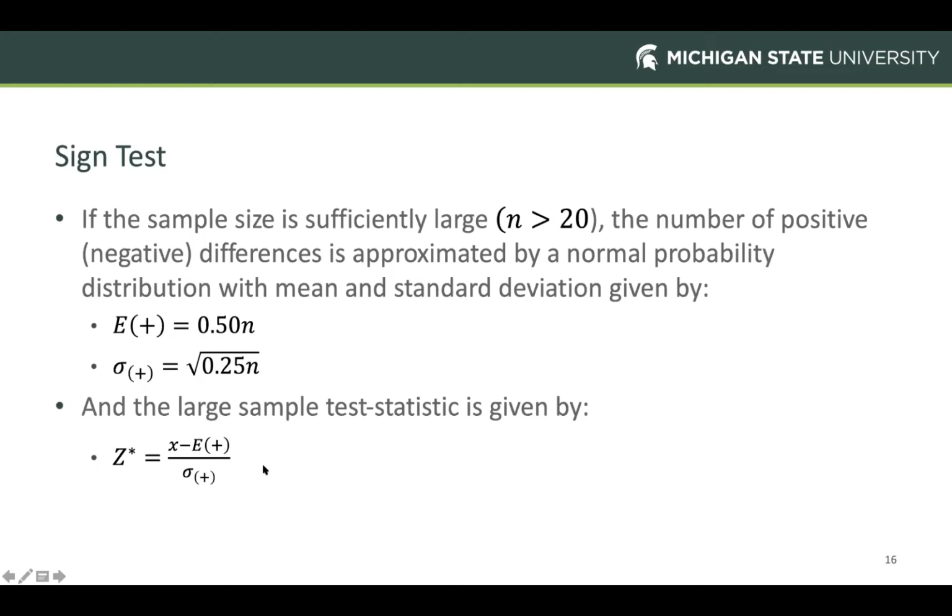And so this test statistic would tend to follow the standard normal distribution. Okay, so even though we've determined our underlying distribution is not normal, if our sample size is large enough, the test statistic would tend to follow the standard normal distribution here as well.